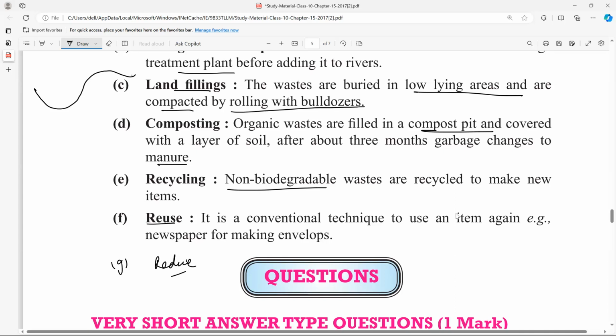We should reduce the use of those substances which are not biodegradable, like plastic, polythene, and not recyclable. At least if we are using non-biodegradable waste, it should be recyclable, easily recycled, so that it will not pollute the environment.